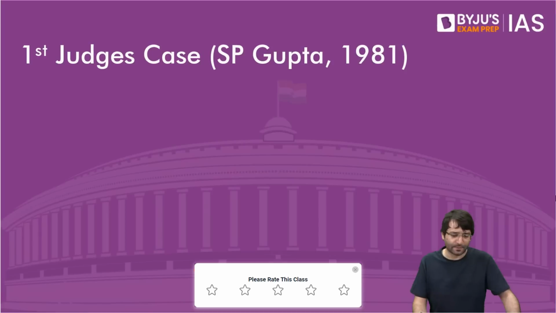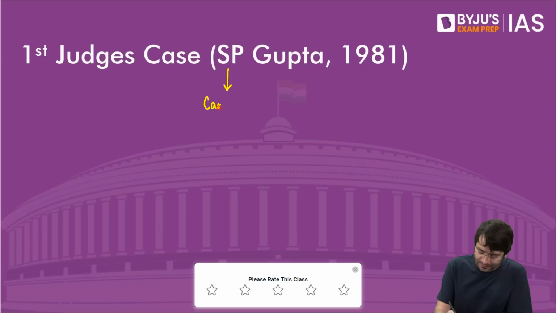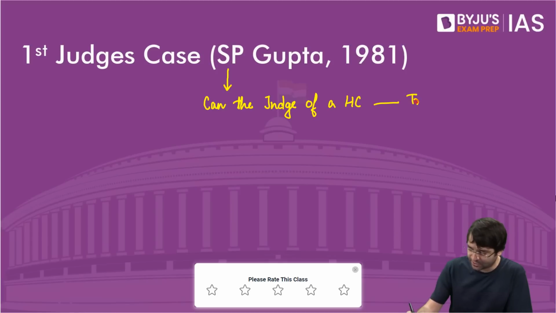The matter went to the court, known as the first Judges case, S.P. Gupta versus Union of India. In this case, two things were to be decided by the court. Number one, can the judge of a High Court be transferred against his will?